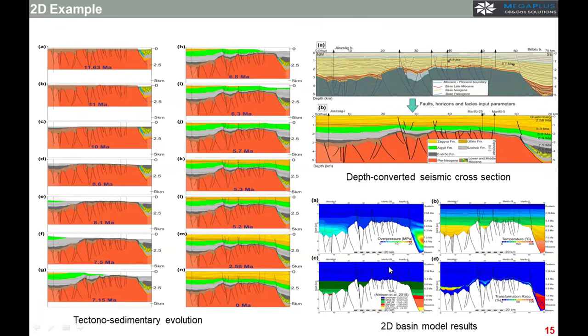Actually, the position of your well will not always give the same result. If you drill here, you will find immature. If you drill here, you will find only oil. If you drill here, you find oil and gas. So the 1D model you run for these three wells is correct, but you cannot use it alone to build the 3D model.